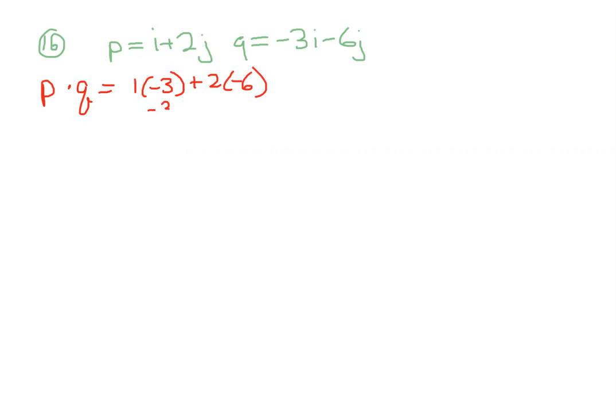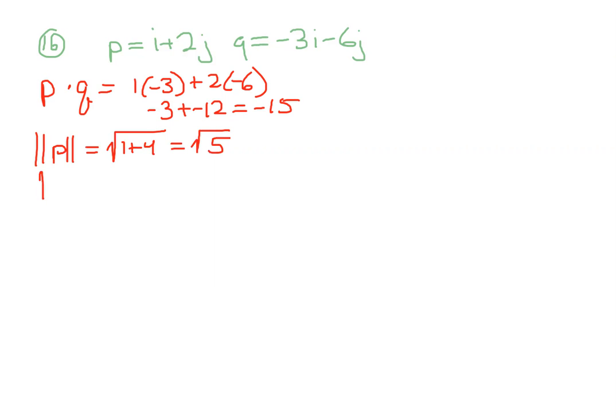That's -3 plus -12 equals -15. And then we find the magnitude of P, which is 1 plus 4, square root of 5, and magnitude of Q, which is 9 plus 36, square root of 45.